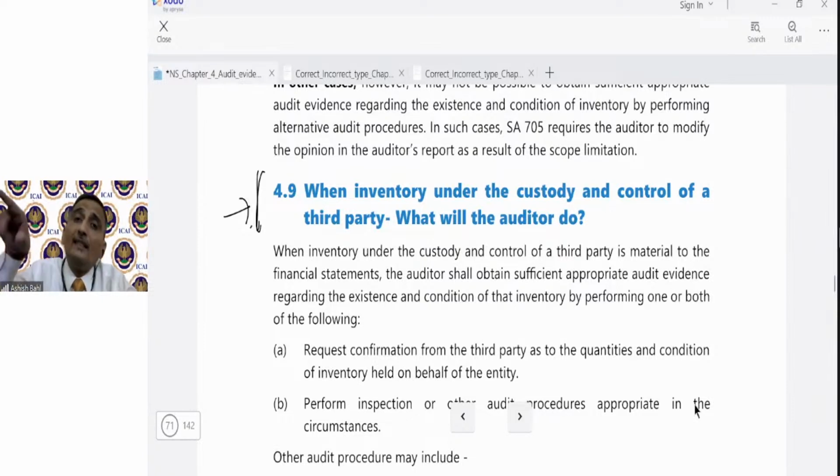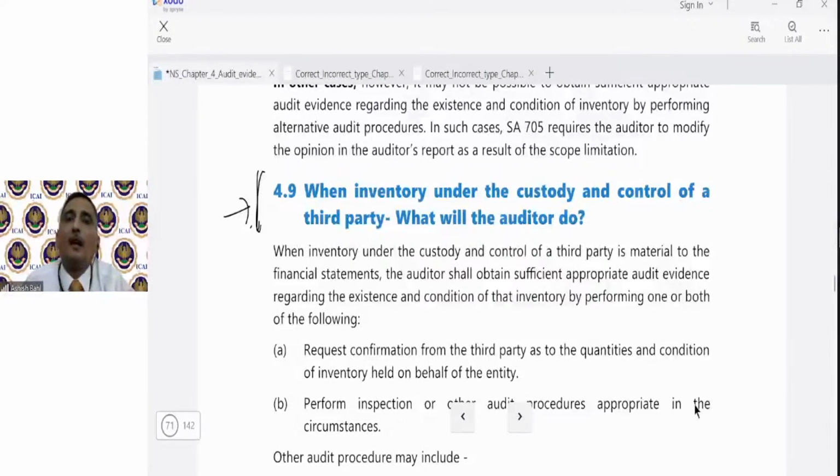So whose stock is this? This stock is mine. This stock is company's, but it is not lying in the premises of the company. It is not lying in the factory of the company. It is lying at somebody else's premises, at somebody else's manufacturing facilities.